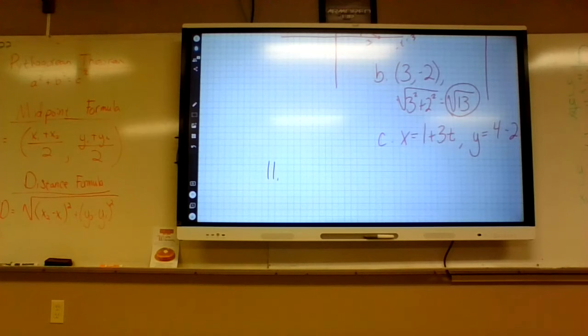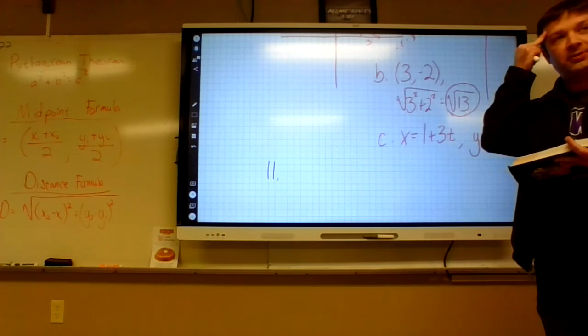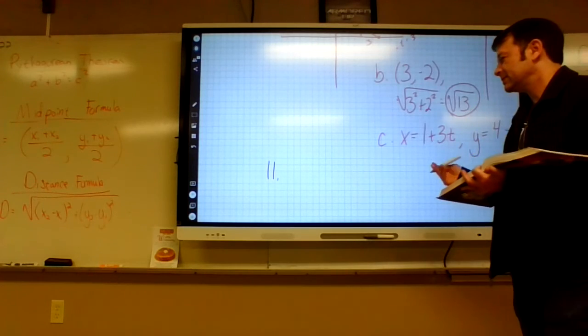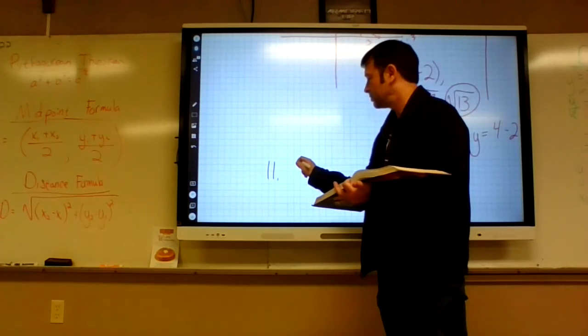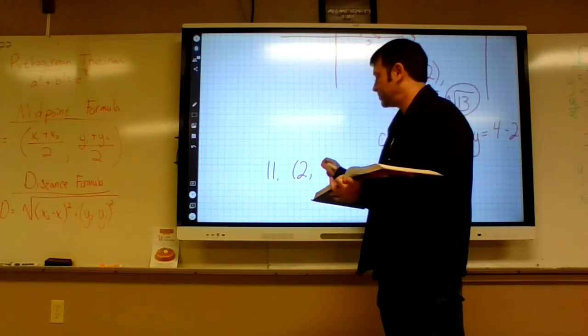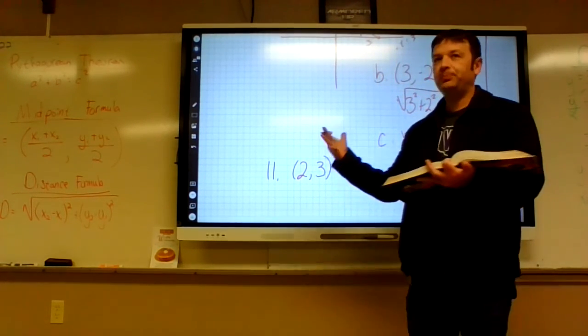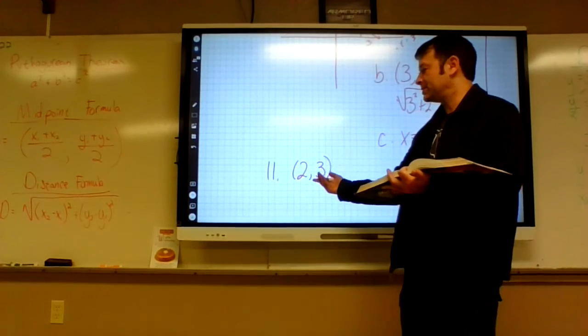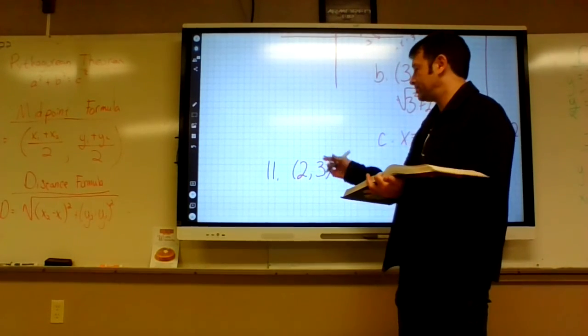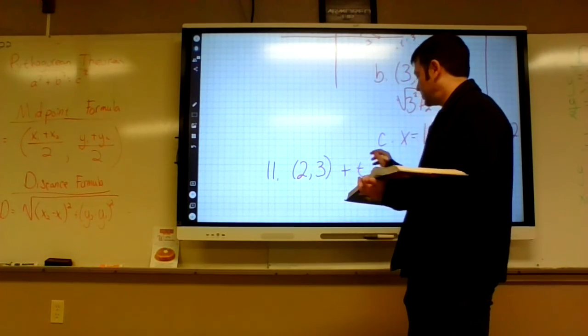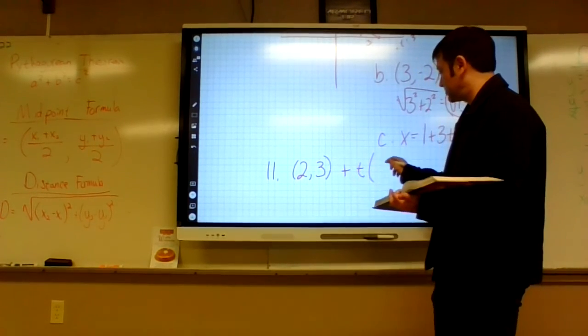So 3, -1 is the direction. If the position when t is 0 is 2, 3, what does that tell us? 2, 3 is the starting point. Because when t equals 0, the position is at 2, 3, that's our starting place. And then the velocity is just the direction.